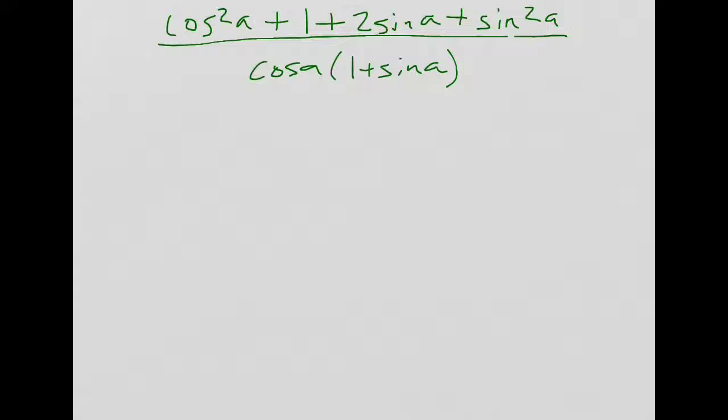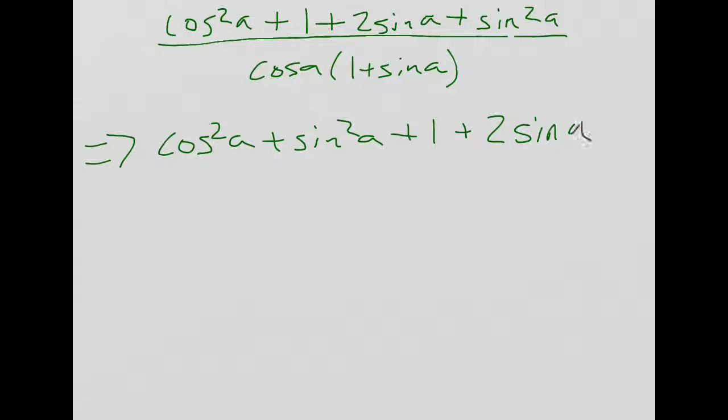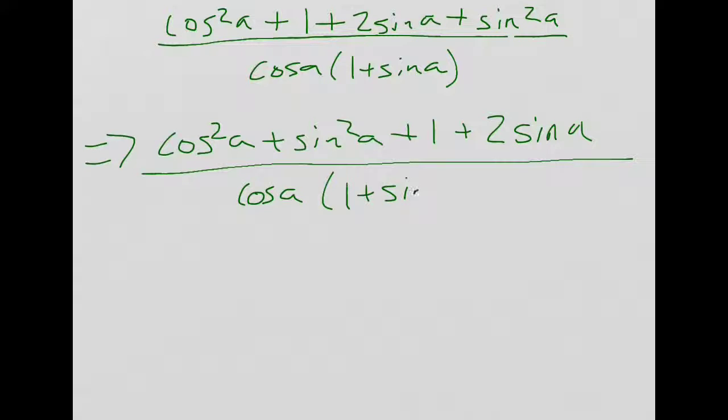Right, I can rewrite this so I can group the cosine squared and the sine squared together. So if I wrote the top again, it would be cosine squared A plus sine squared A plus 1 plus 2 sine A. Okay, so now that I've grouped this together, I can rewrite this right here as what could I plug in there?